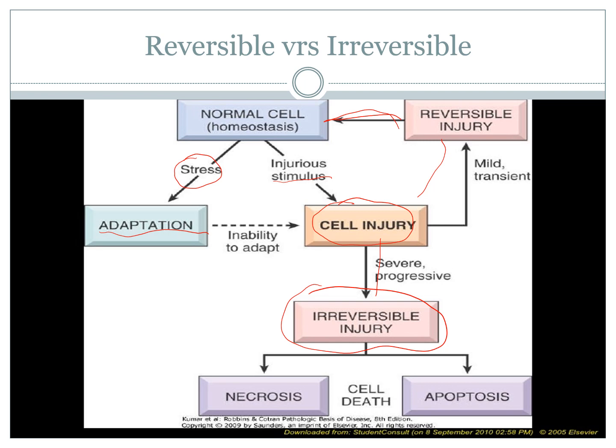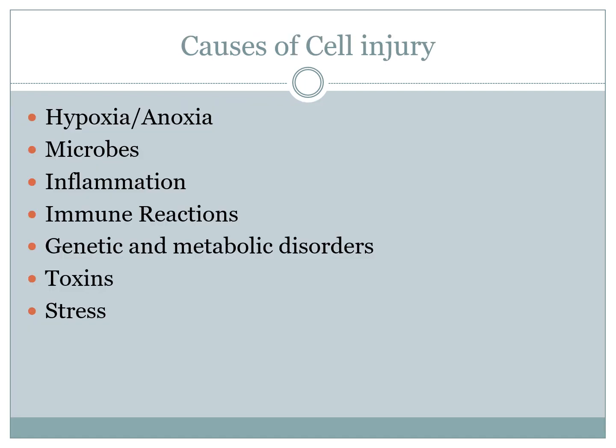So anything that causes an injury on those usually is associated with higher rates of cellular death. Now, the big cellular injuries, these ones. So hypoxia or anoxia is obviously a big cause of cellular injury. That is obviously low or absence of oxygen within the cell.